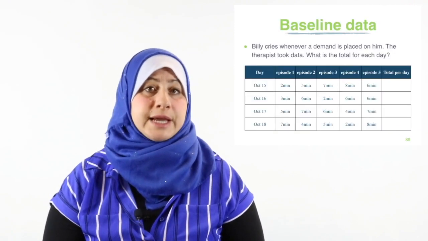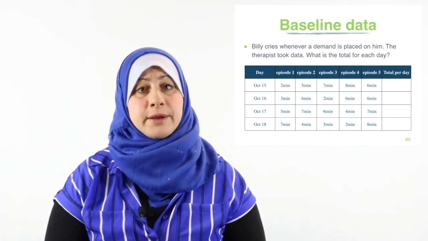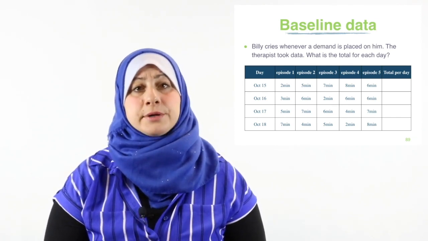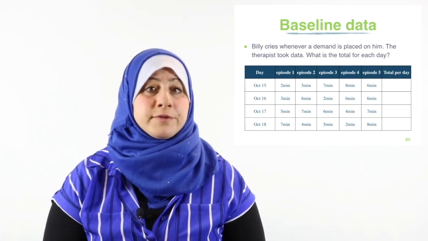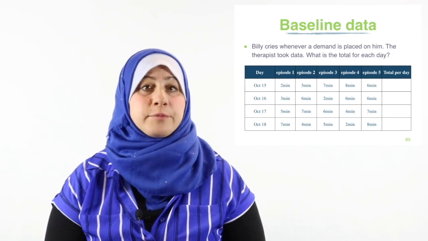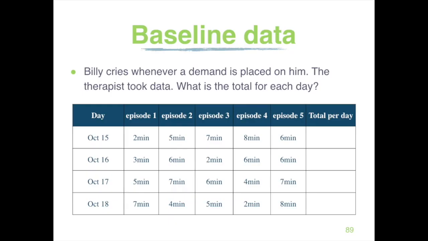So here is some data. Enter the total number of minutes the learner engaged in crying. Simply add the numbers together for each day. For example, on October 15th, add 2 minutes plus 5 plus 7 plus 8 plus 6. All right, I'll give you a minute.